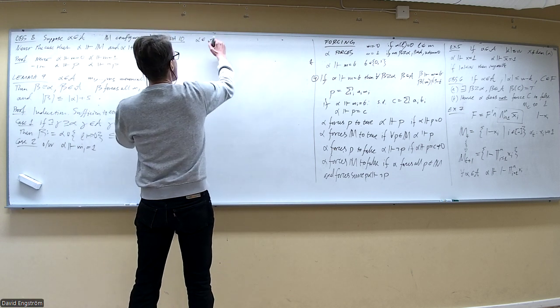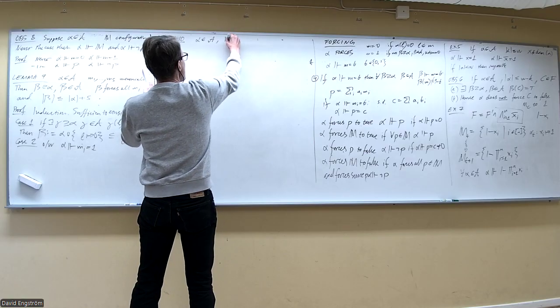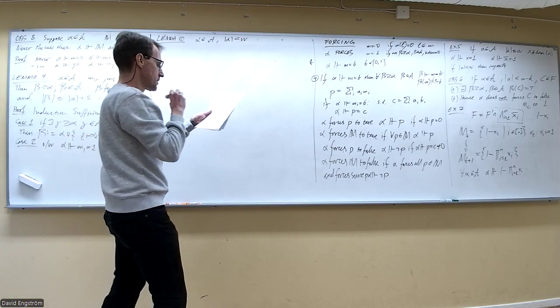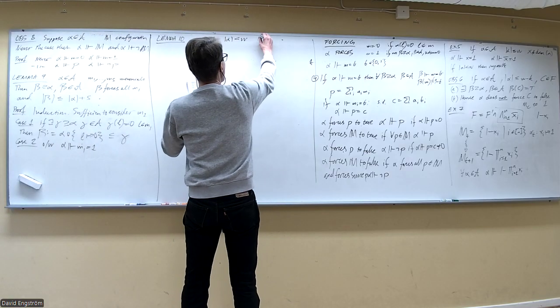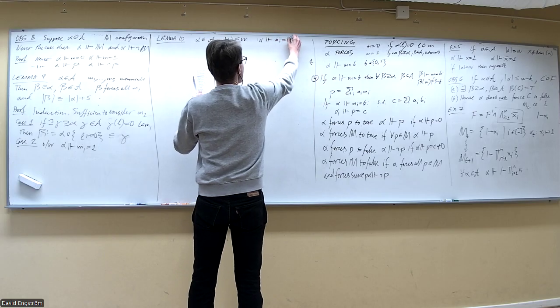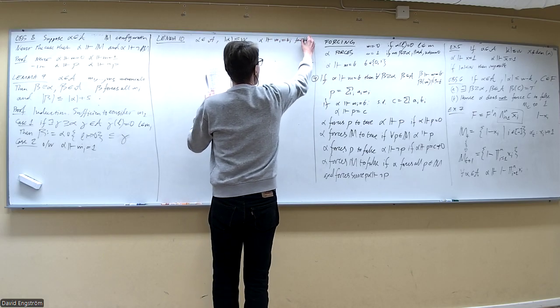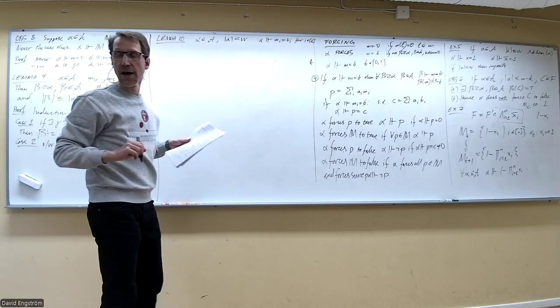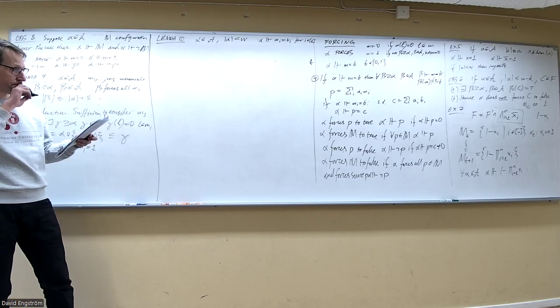So suppose alpha is in the strategy, alpha is not of maximal size, and suppose alpha forces mi to di for S monomials m1 up to ms.